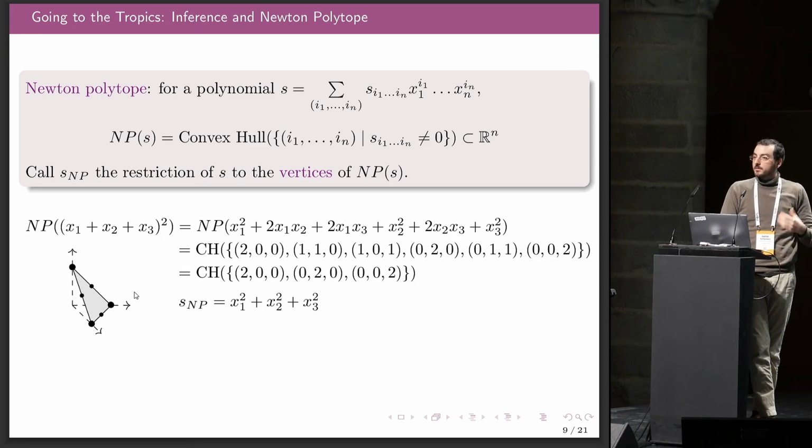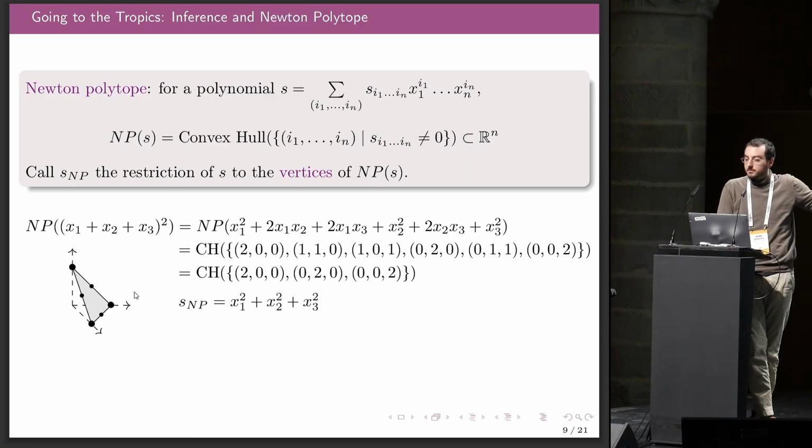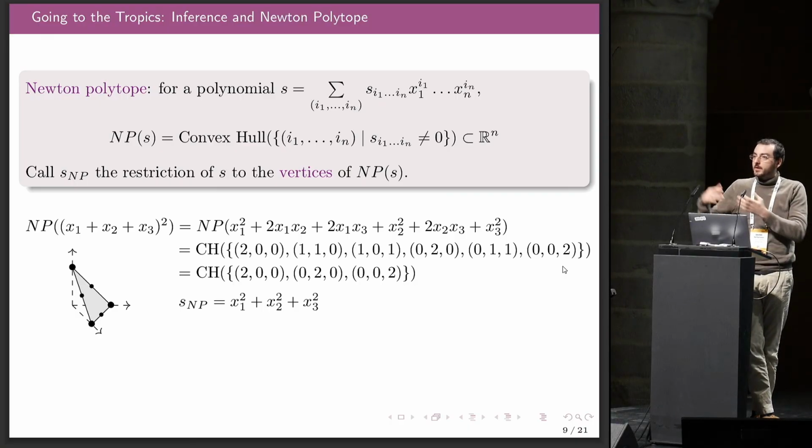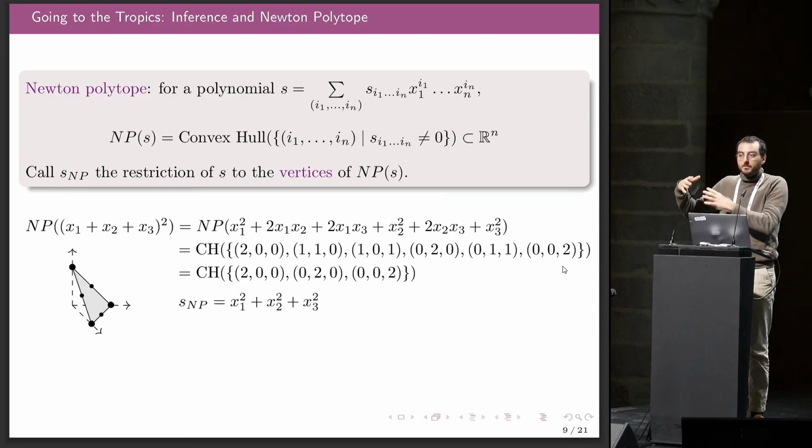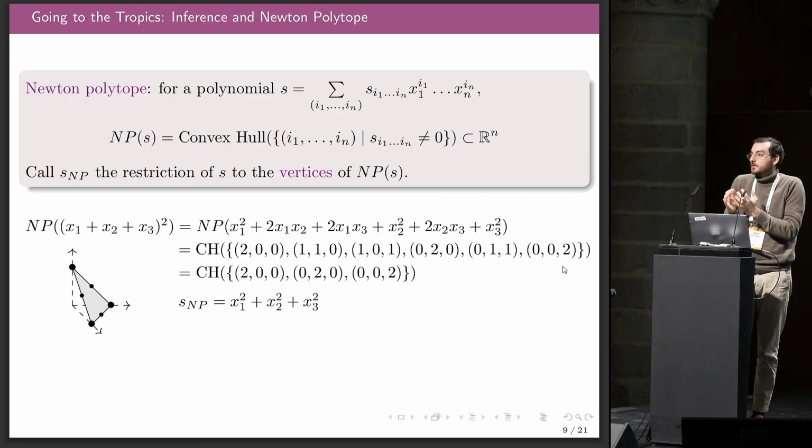But you see that the vertices are not all 6 points, just the 3 vertices of the triangle, right? If I write it as a polynomial, it would correspond to this much smaller polynomial here. And this precisely corresponds to the idea that I mentioned before of shrinking the number of monomials to consider when we have to compute a minimum, to shrink it down to a smaller set.